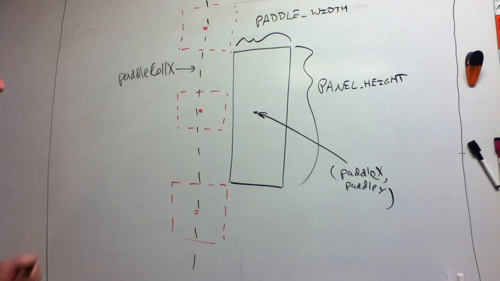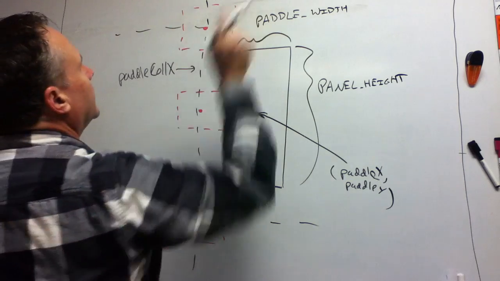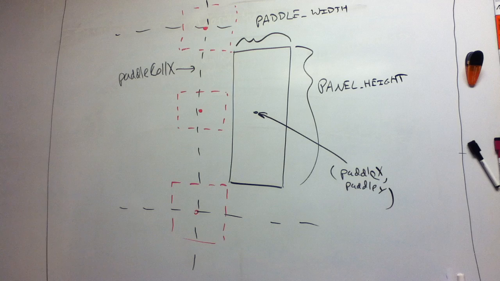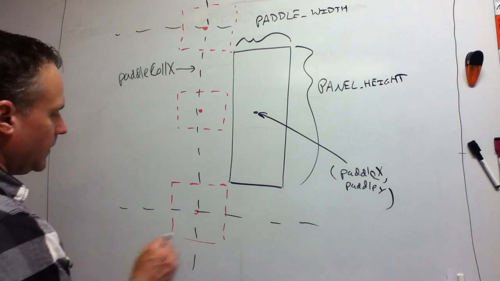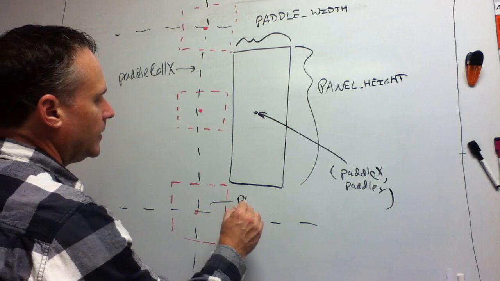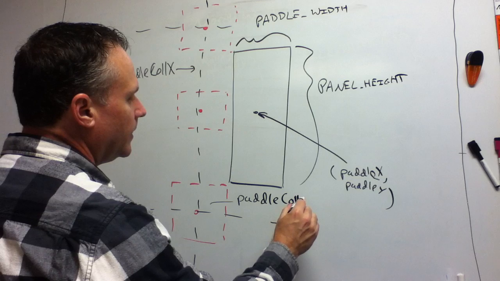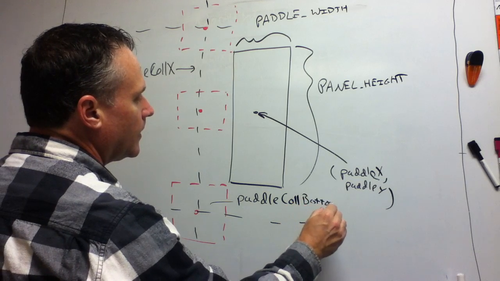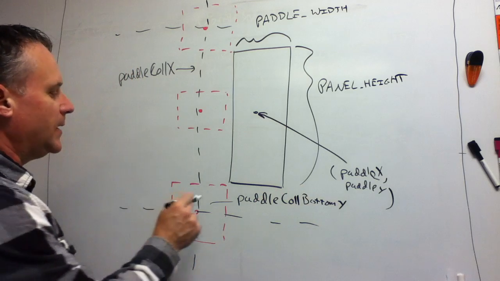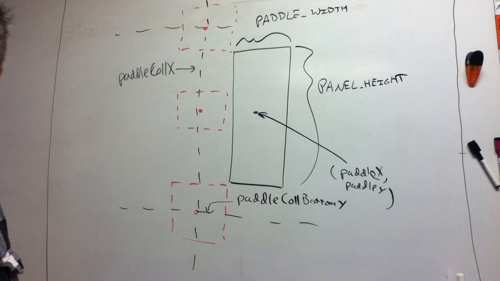And then we'll have to have two imaginary lines down here, which are our cutoffs for hitting too low or too high. So paddle bottom y for the bottom paddle collision coordinate.